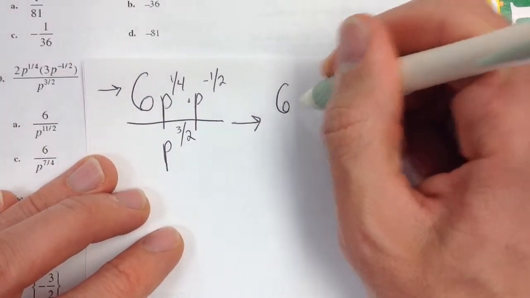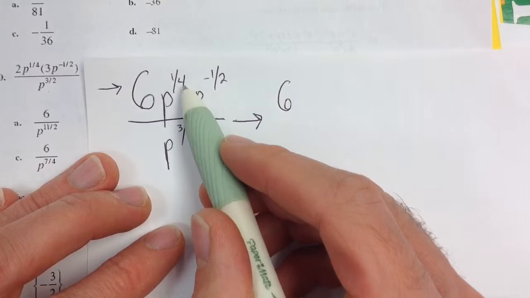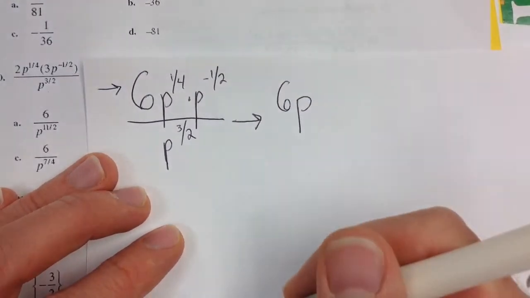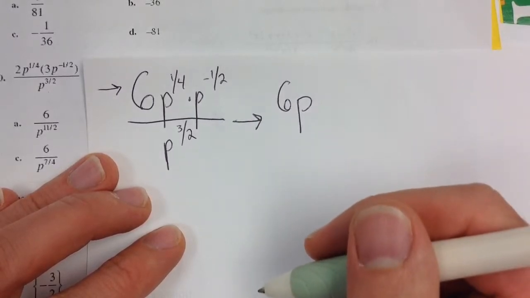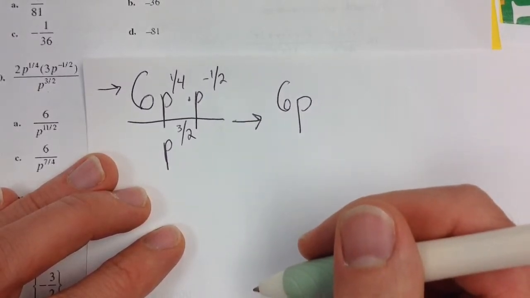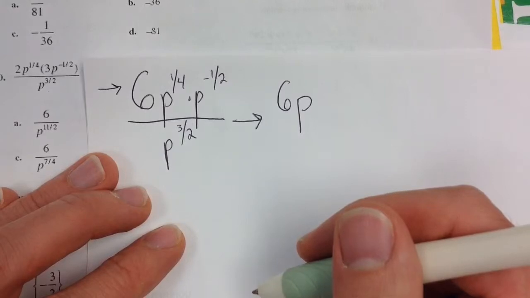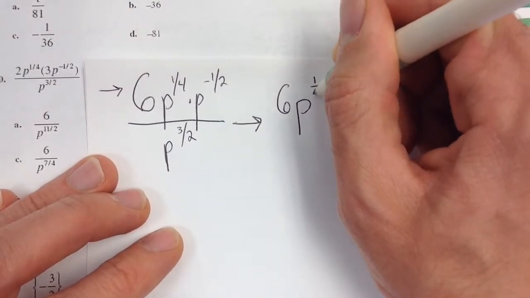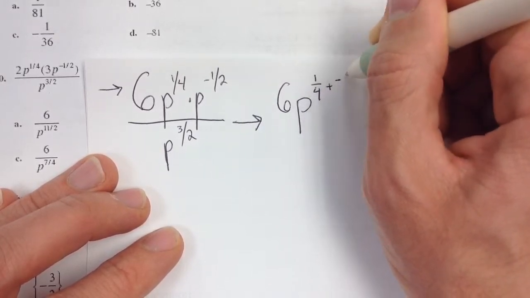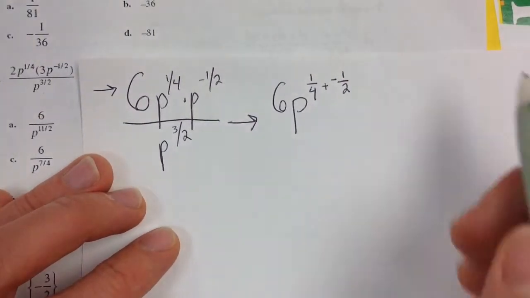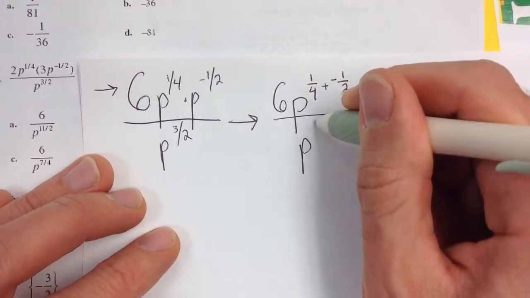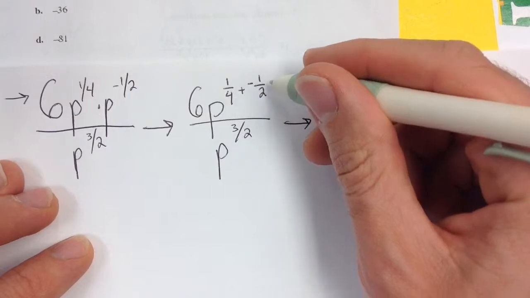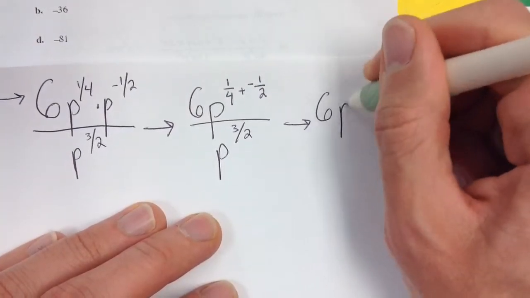Somebody please tell me the sum of 1/4 and -1/2. You can do it. I believe in you. Negative 1/4. Thank you. One-fourth minus 1/2 is -1/4.